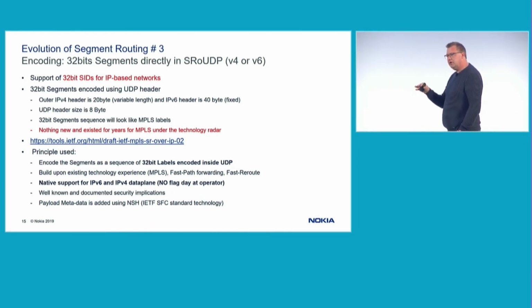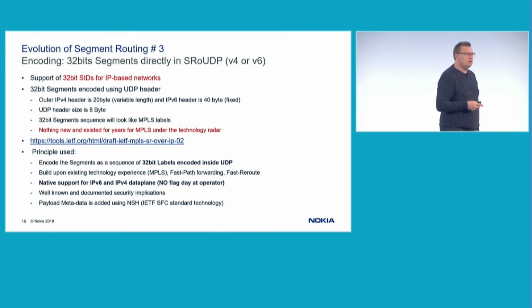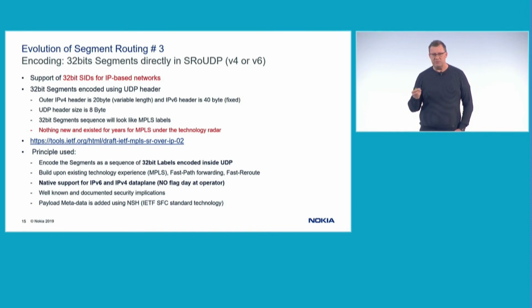So what we are doing is we encapsulate our 32-bit segments in a UDP header. And the UDP can run over traditional IPv4 and traditional IPv6. Again, this is very nice, because we don't need any flag day at the operator. The operator can use MPLS, IPv4 native, or IPv6 native, and we can use our 32-bit segments.